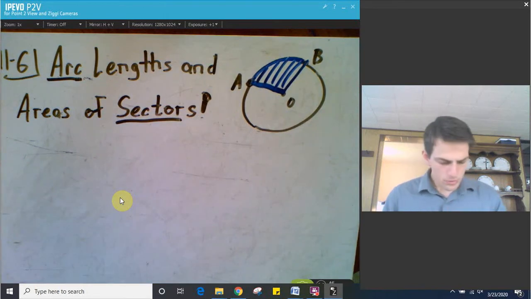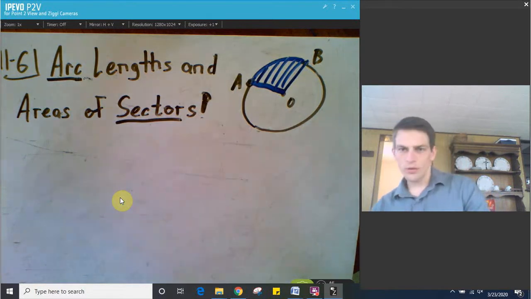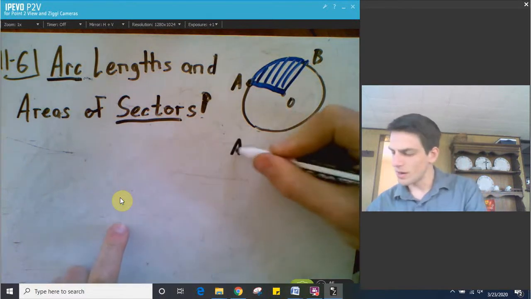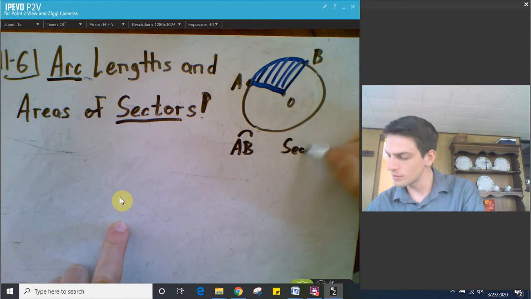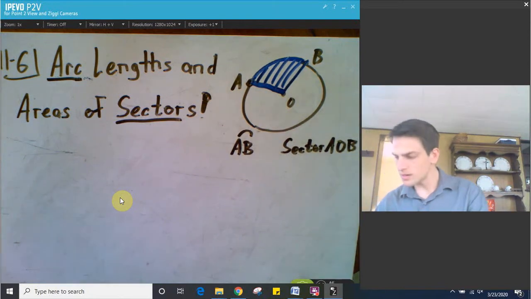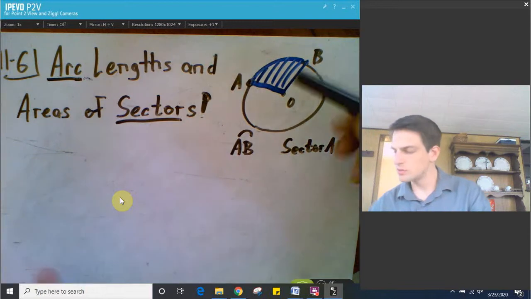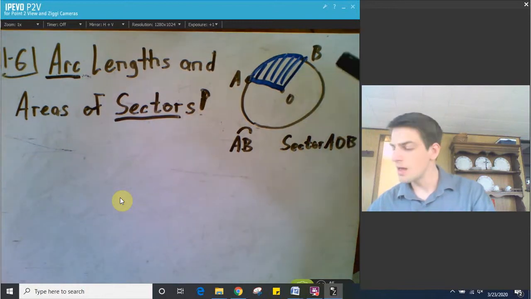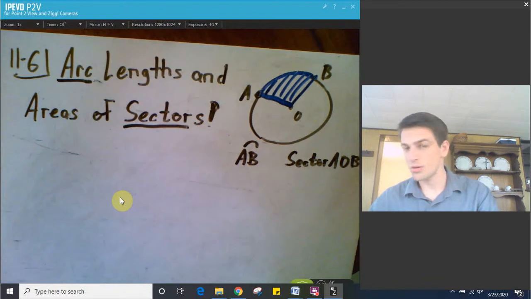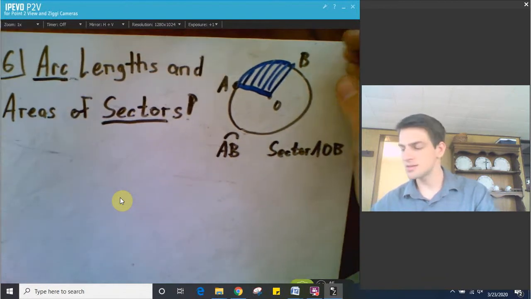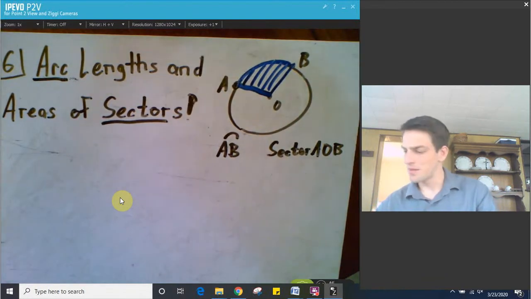Now, we don't really have much of a way of writing it. We can write arc AB, but for a sector, we're just going to write the word sector AOB. Note that sectors are composed of two segments, which are the radii, and a piece of a circle. So it's not a polygon because it doesn't have all straight sides, but it's a piece of pizza shape.